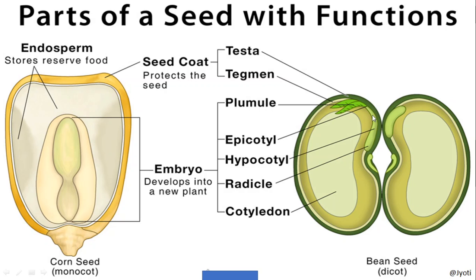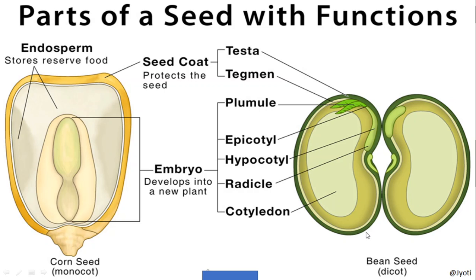So it is called epicotyle. Now this epicotyle gives rise to plumule. The embryonic axis which is present above the cotyledon is called epicotyle, which gives rise to the plumule, and the part of the embryonic axis which is present below the origin of the cotyledon is called hypocotyle, and that develops into the radicle.